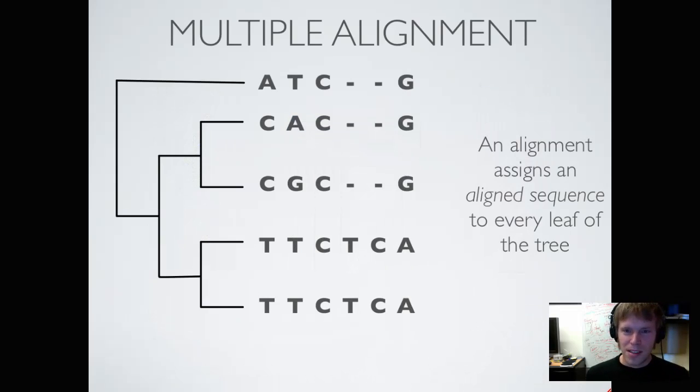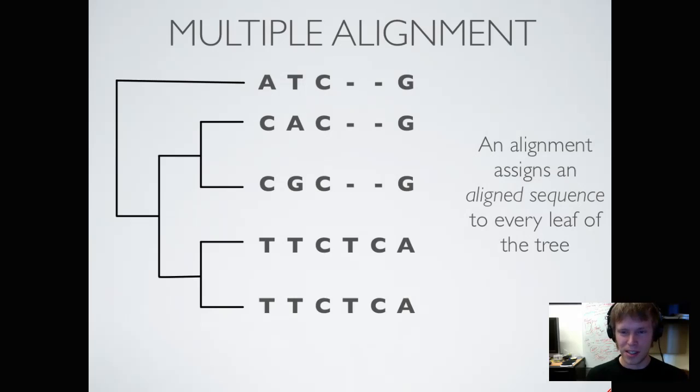What I want to talk about is aligning sequences and, more generally, reconstructing sequences on trees. A multiple alignment just means that we take a bunch of sequences that might be DNA, protein, or even arbitrary sequences that we assume are related by a tree, and we want to assign an aligned sequence to each node of that tree.